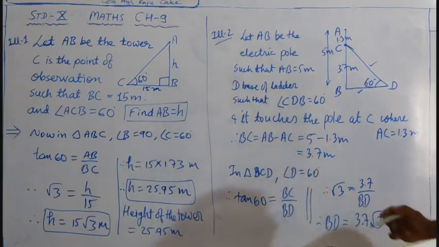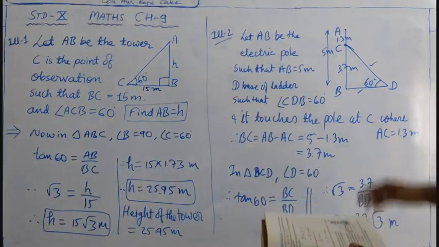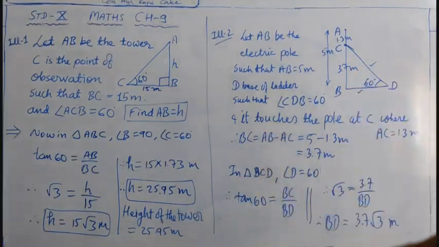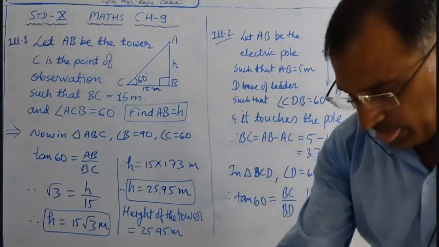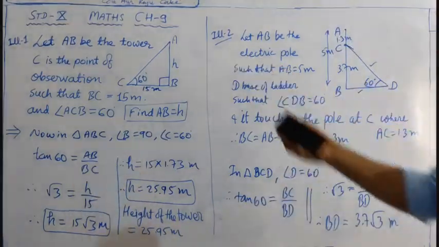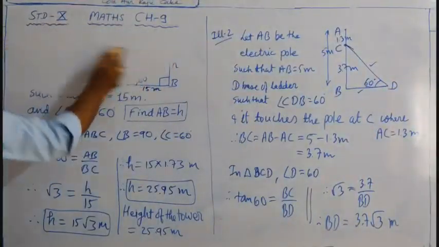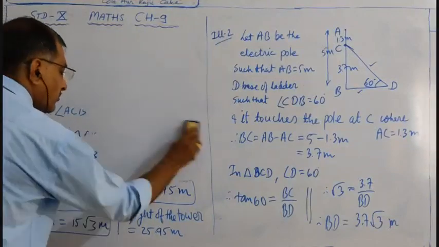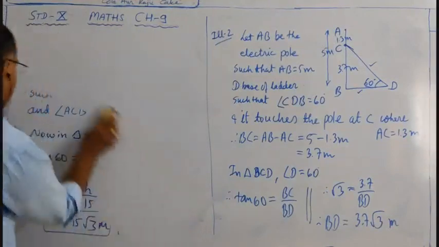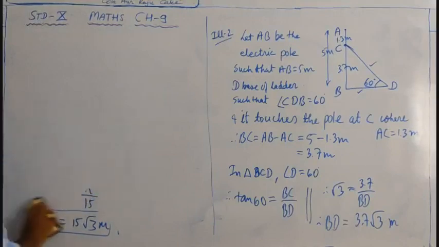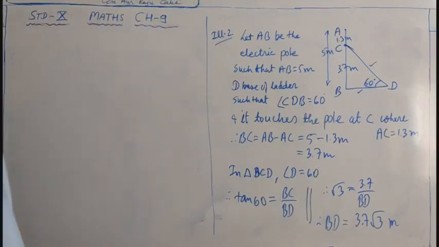We will calculate the root 3 value. Also we have to calculate this, so first of all let us proceed. I am rubbing this part, here we are solving. Now we can see we got BD is equal to 3.7 divided by root 3.